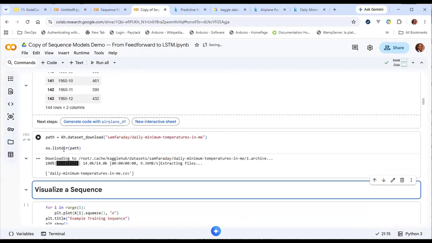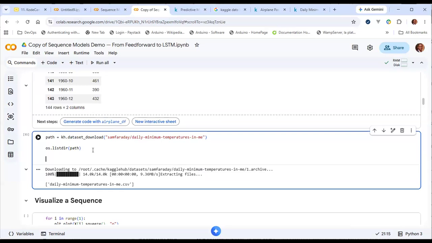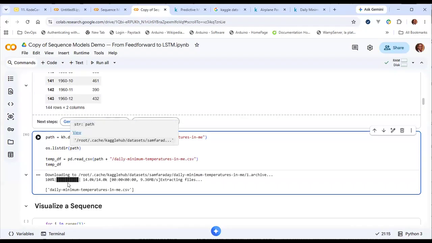Again, we will also take the path, sorry, temperature data frame. Yeah, daily minimum temperatures in Melbourne.